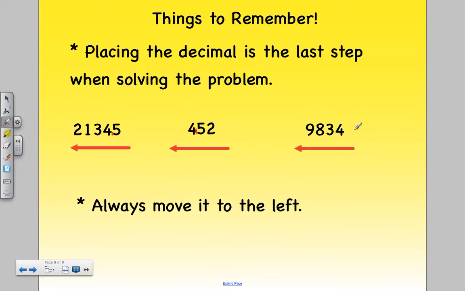Okay? If I had to move it 3 places, I would go 1, 2, 3 and place it right here. You always start from this side. You start from the right and you move it to the left. Always move to the left. And this is always your last step when multiplying with decimals.